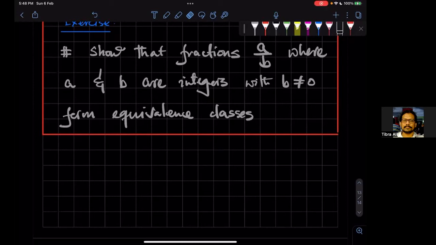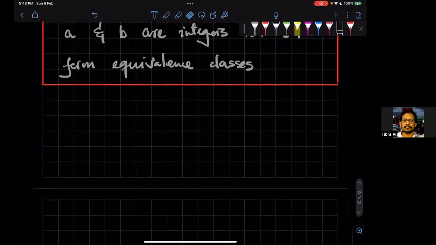Yeah, it's very trivial. You're right. It's just that I want you to think about equivalence classes. It is an equality, and from that point of view, it's a triviality.